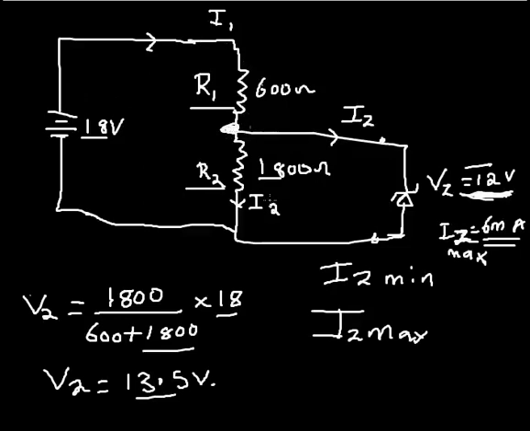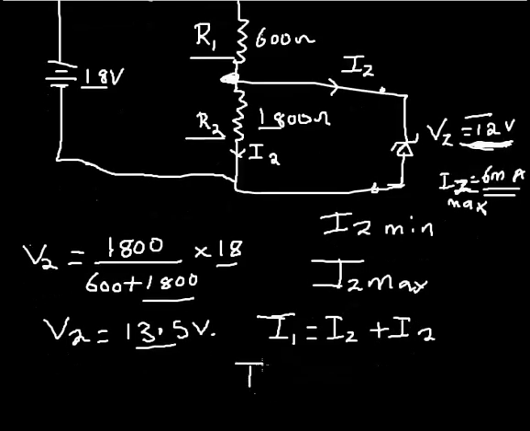So I1 is entering the node, and both IZ and I2 are leaving the node. So I1 is equal to IZ plus I2. My whole idea is to get IZ, so IZ is going to be equal to I1 minus I2.